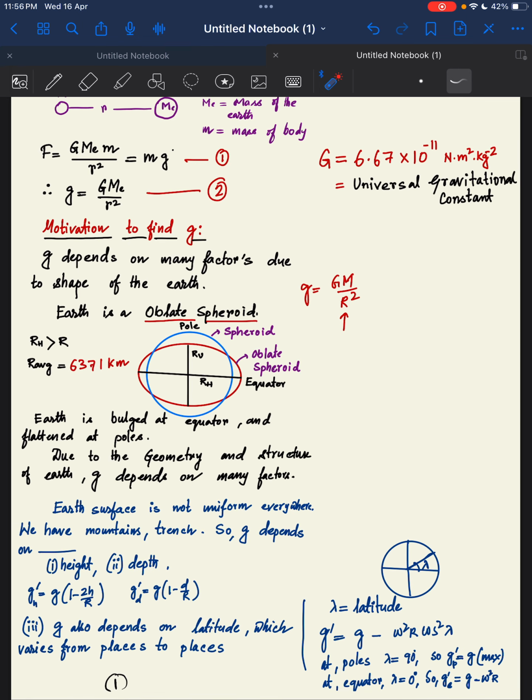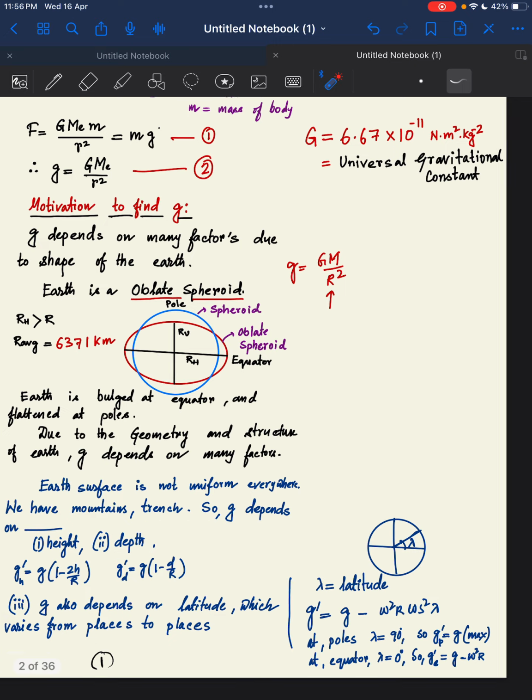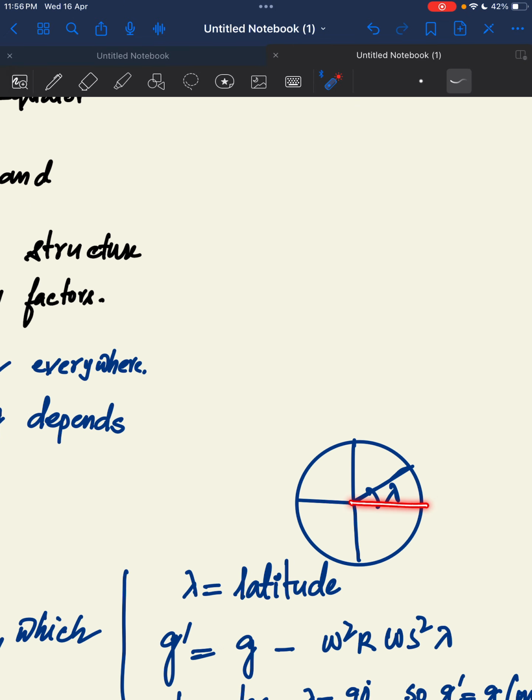Because of the rotation of the earth, we will have an angular velocity omega. We know we have a time period of 24 hours, so we can calculate the omega. So due to the rotation of the earth, this factor comes, omega square r. And the latitude is nothing but the angle between the equatorial line and a particular place.